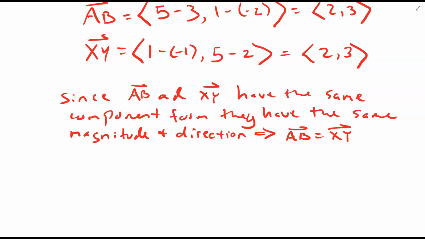Does everybody feel okay on this idea? So that's an easy test if you're given the initial and terminal points for two vectors to see if the two vectors are the same: put them into component form and just compare the components.